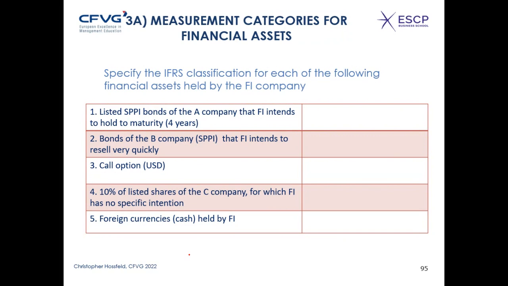Amortized cost, fair value through profit and loss, or something else? Anyone, please? Any idea?